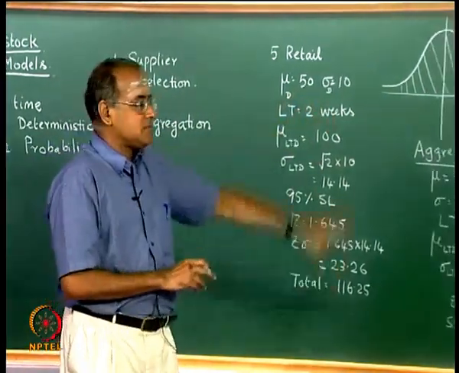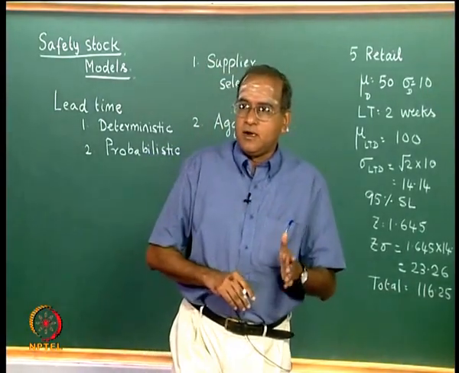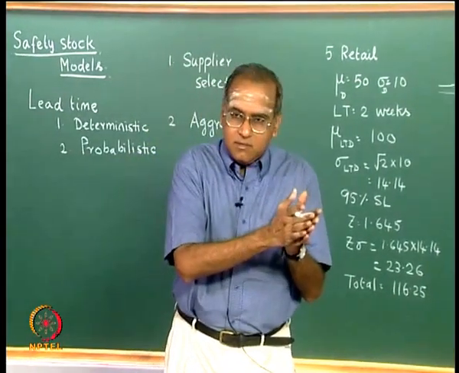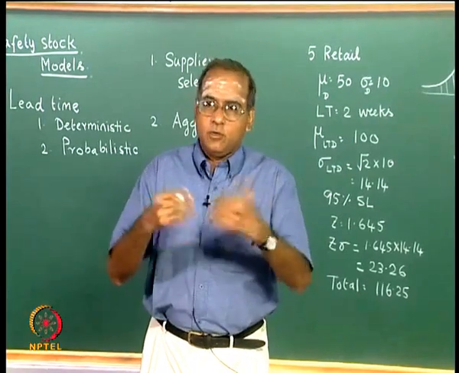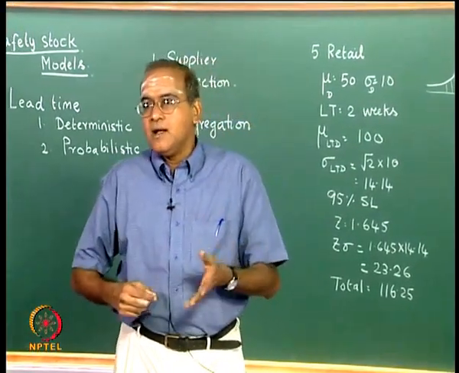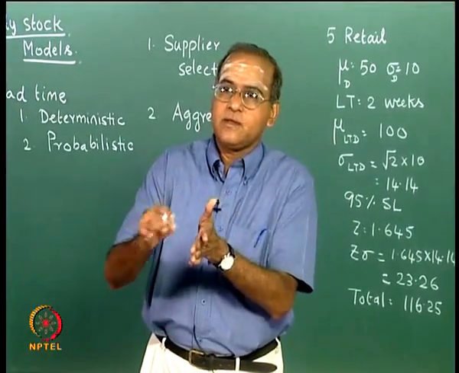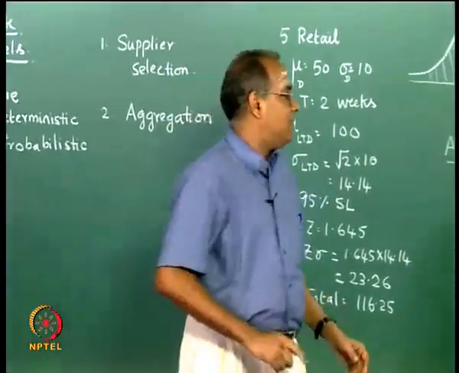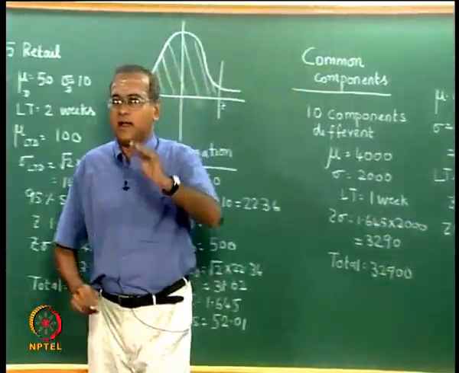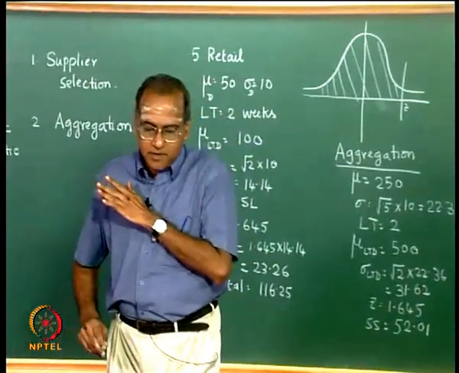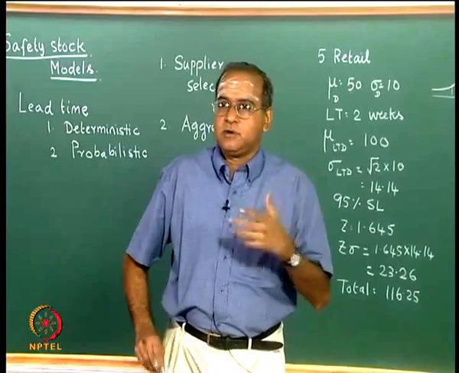Now, this idea, which is being increasingly used, is called delayed differentiation, where up to a very large time in the assembly the components are very similar, and after which the differentiation actually happens, and the longer it takes to differentiate the variety, the better it is from a safety stock point of view. As long as we are able to aggregate and as long as we are able to have common components that keep happening, it is always possible to do that.